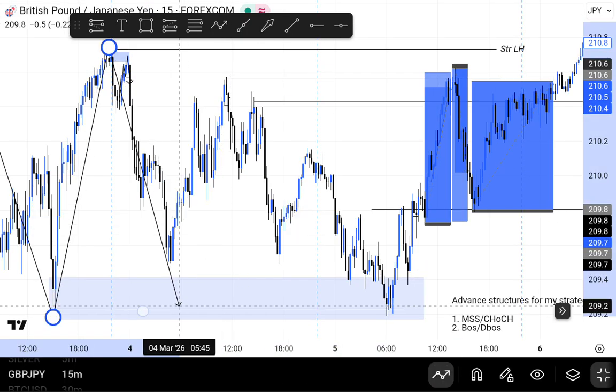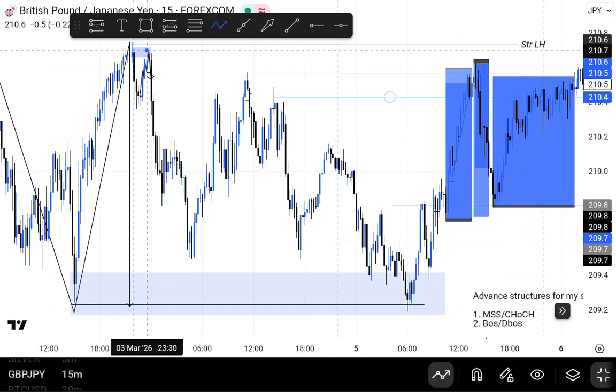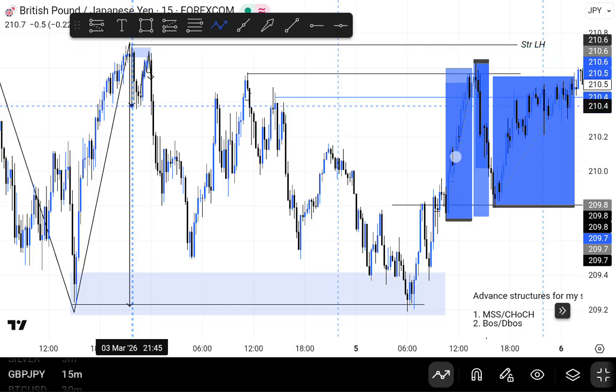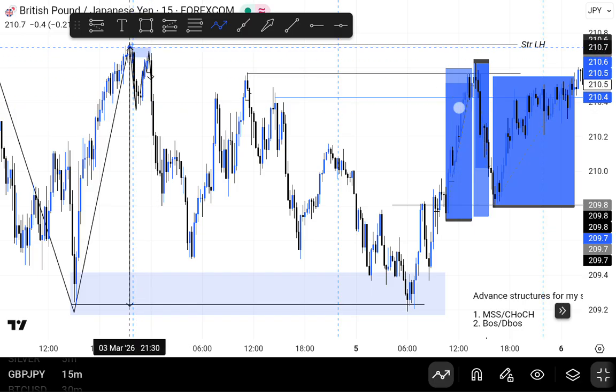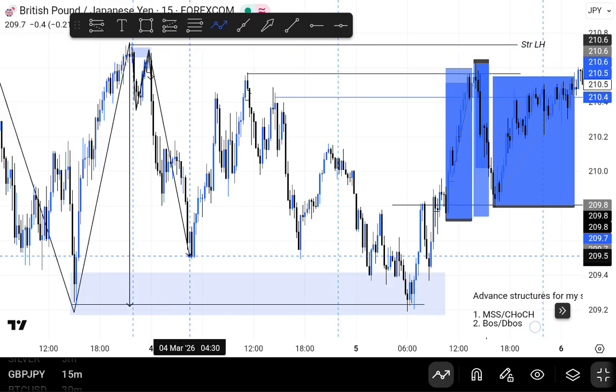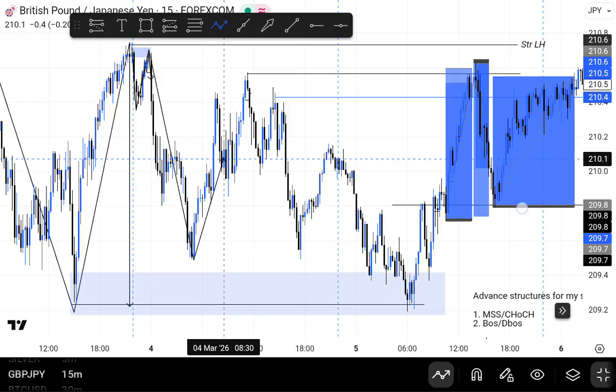I have to mark my structure inside here: lower low, lower high, and mark it also from this place. So this was the next low, lower high.